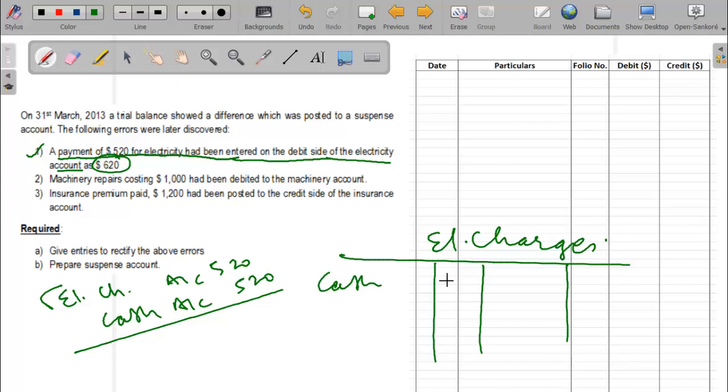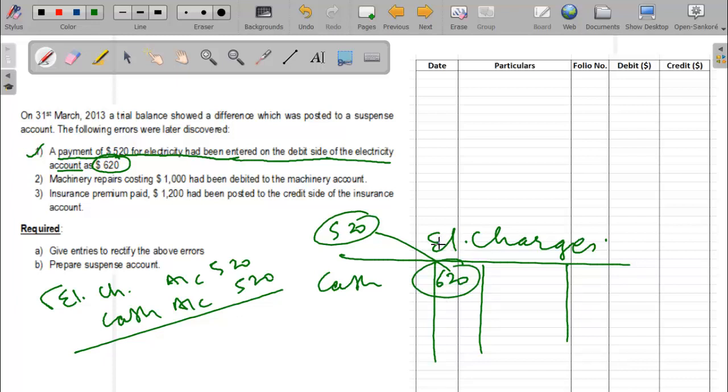We have to write 520 here, isn't it? But instead of 520 we are writing 620 here. So how much extra have we taken? $100 extra. It means electricity charges account is over debited. Instead of 520 I wrote 620.